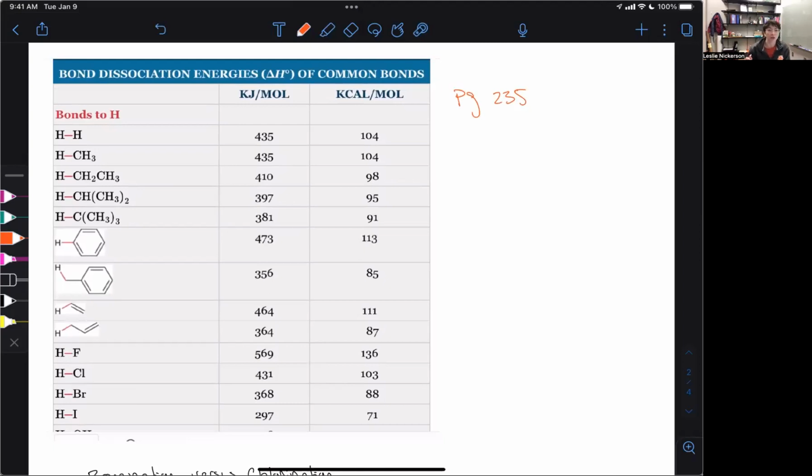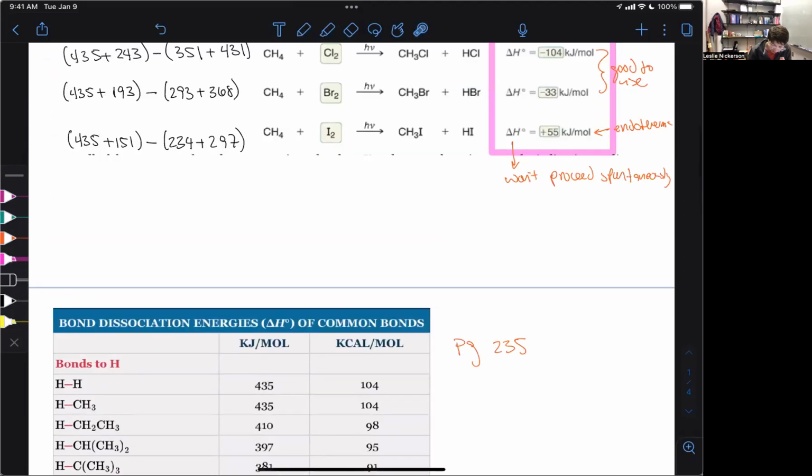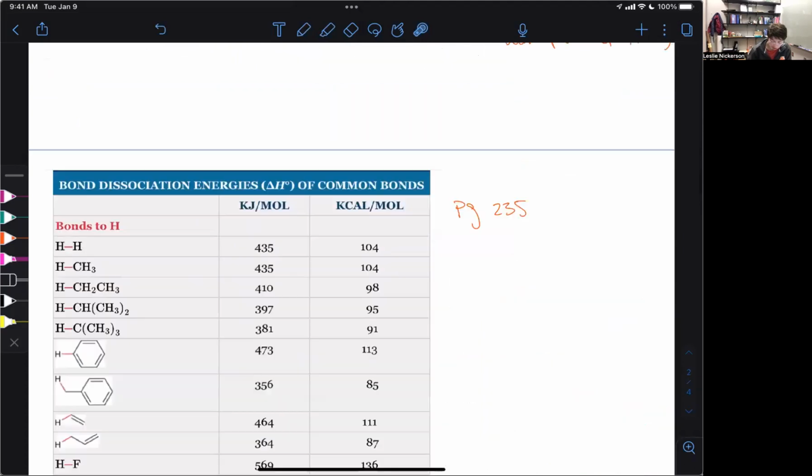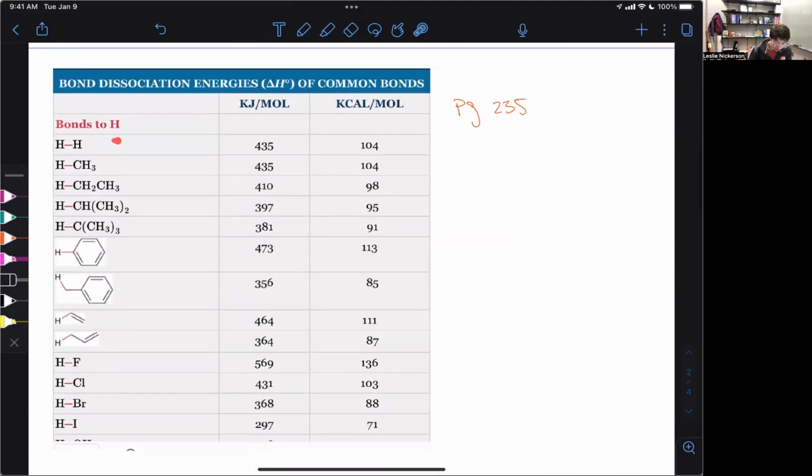So the bond dissociation energies of common bonds: where this table just sticks with methane, the textbook table talks about other types of hydrocarbon bonds. Okay, so it has a whole bunch. It also has carbon to halogens of different types of carbons. It's got all the X-X ones. It's a nice big table if you want to look at this math a little more carefully.